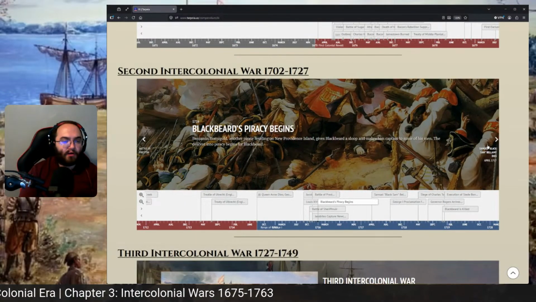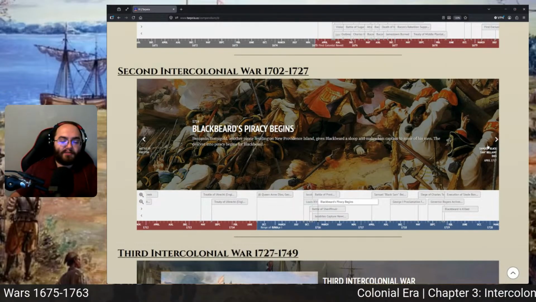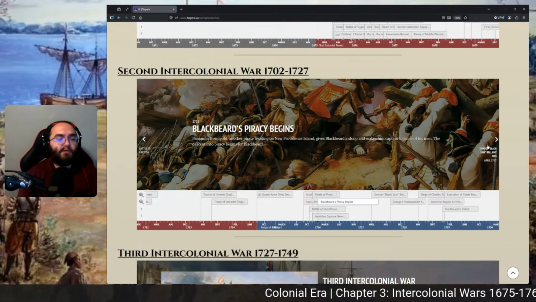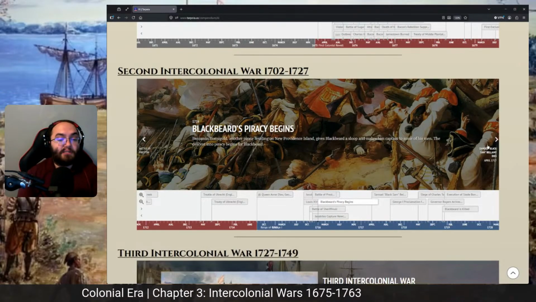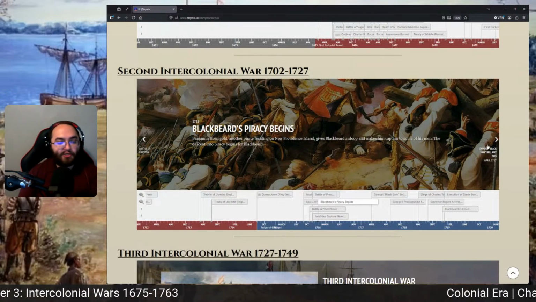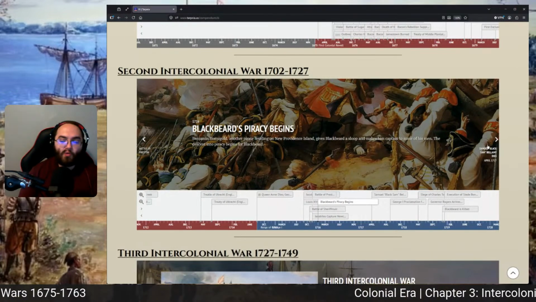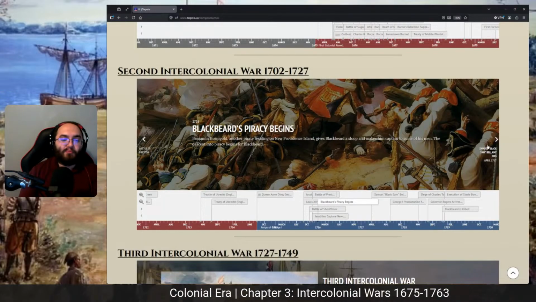And during this time, while Britain is preoccupied with a Jacobite uprising and following the end of Queen Anne's War, many sailors who fought in Queen Anne's War, fought against the Spanish and the English, will turn to piracy in order to make a living.